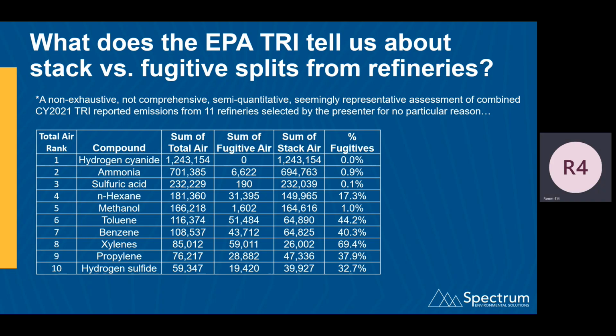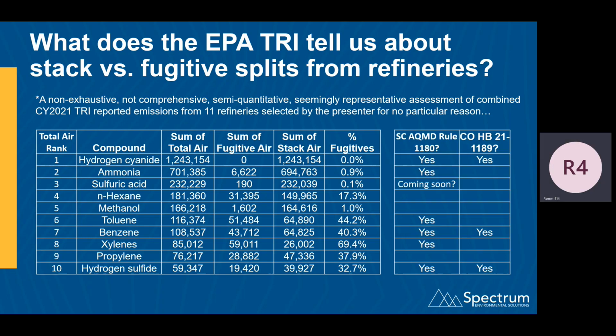What percentage of hydrogen cyanide emissions are fugitive emissions? Zero. Not even 1 pound from any of the 11 refineries that I looked at. Actually, for the top 3, none of them are really significant in terms of fugitive emissions.